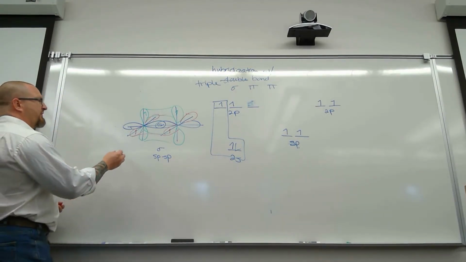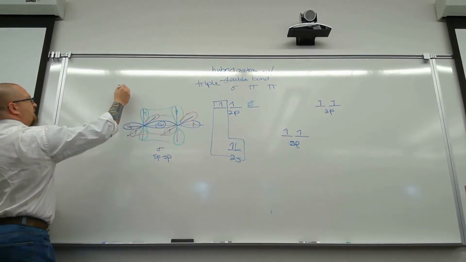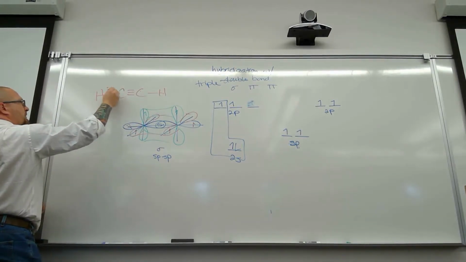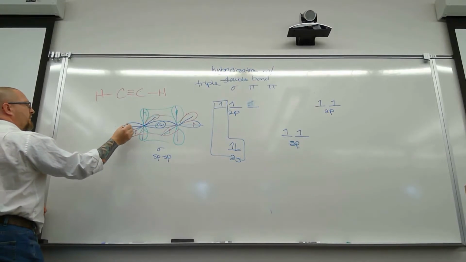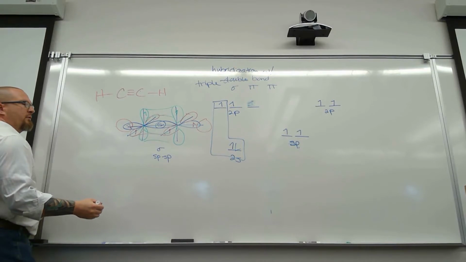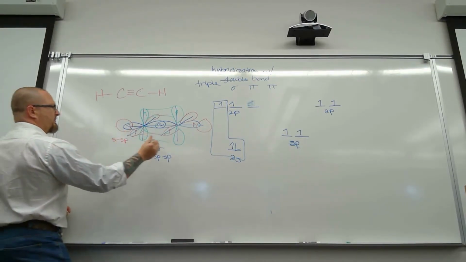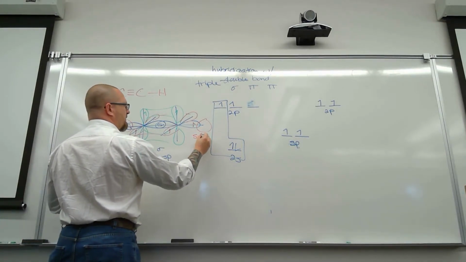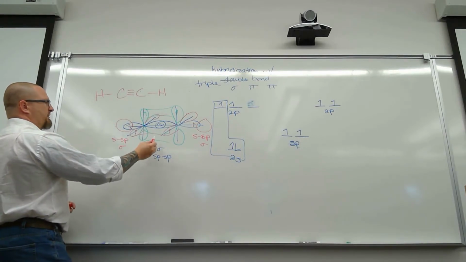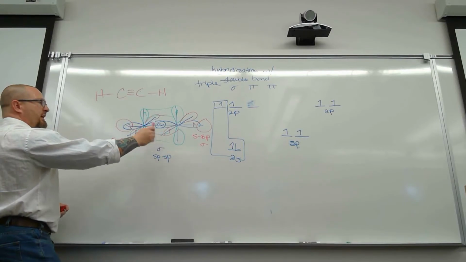And that just leaves us 1 electron apiece here, because this compound only has 1 hydrogen per carbon, and this is going to be an sp sigma. Then obviously p to p pi, p to p pi.